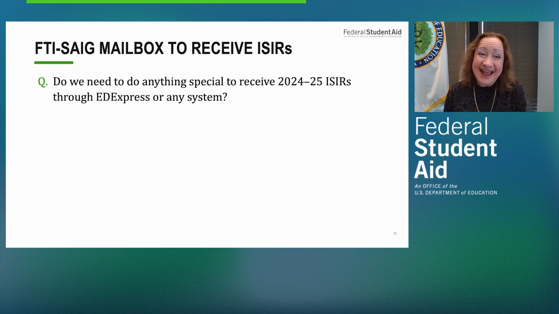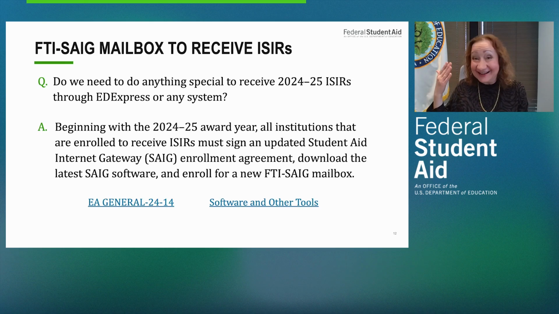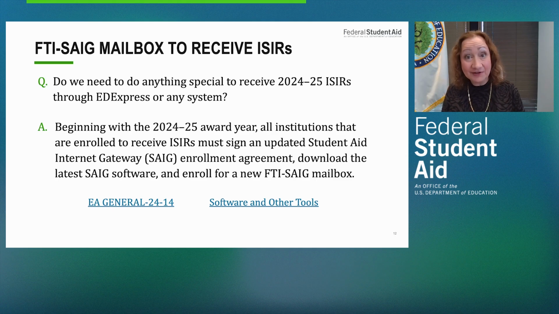Our next question asks, do we need to do anything special to receive 24-25 ICERs through EdExpress or any other system? And the answer is yes. You must complete an updated SAIG enrollment agreement, enroll for a new FTI SAIG mailbox, and download the latest SAIG software.